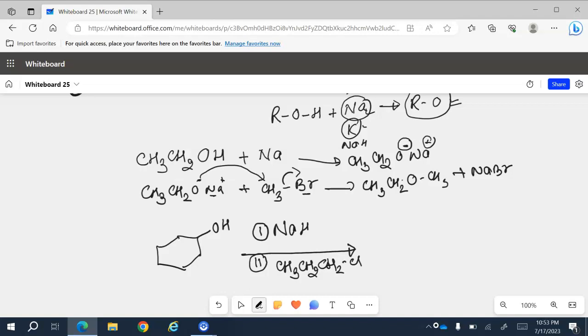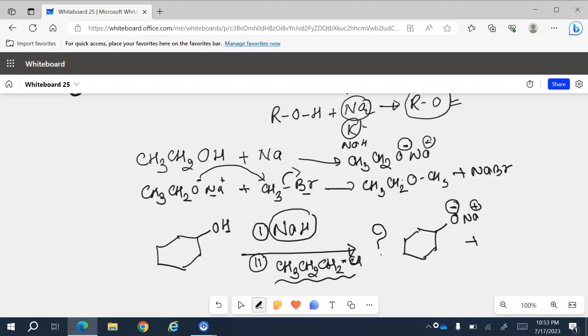Then you need to draw the product that will form. So what you need to understand is that the sodium hydride here is to deprotonate this hydrogen, and first, in step 1, it will generate the alkoxide, sodium alkoxide. So cyclohexane O minus, and you can put Na plus next to it.